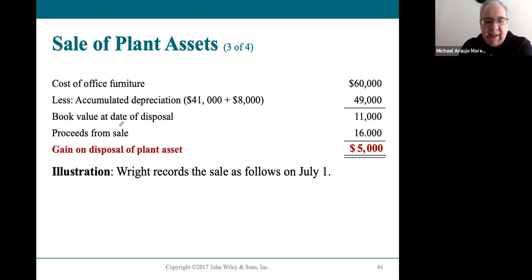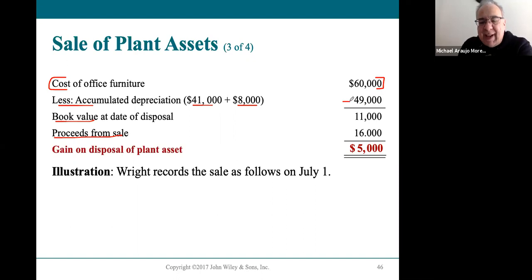So in this case, they received $16,000 worth of cash for the asset. What was the asset's book value? Well, you take the cost of the furniture, which was given to you in that sample, is $60,000. The accumulated depreciation, we had to add another 8,000 to the balance that was already there, which is why we did that journal entry.